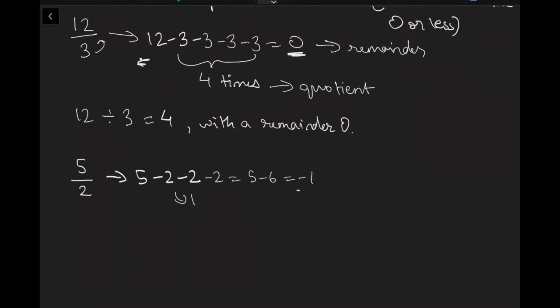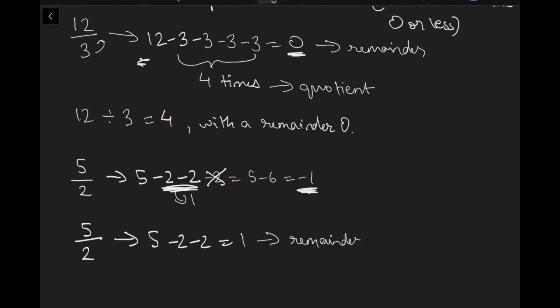So this minus 1 confirms that we have reached our limit and we should only take these two 2's. We should discard this 2. So 5 divided by 2 is written as 5 minus 2 minus 2, which is 1, and this 1 is the remainder. And you can see that 2 is subtracted 2 times, so this 2 is going to be our quotient.